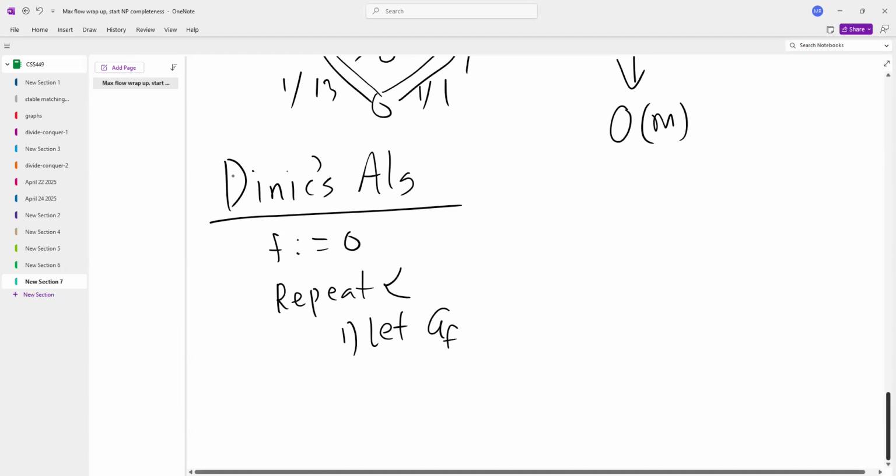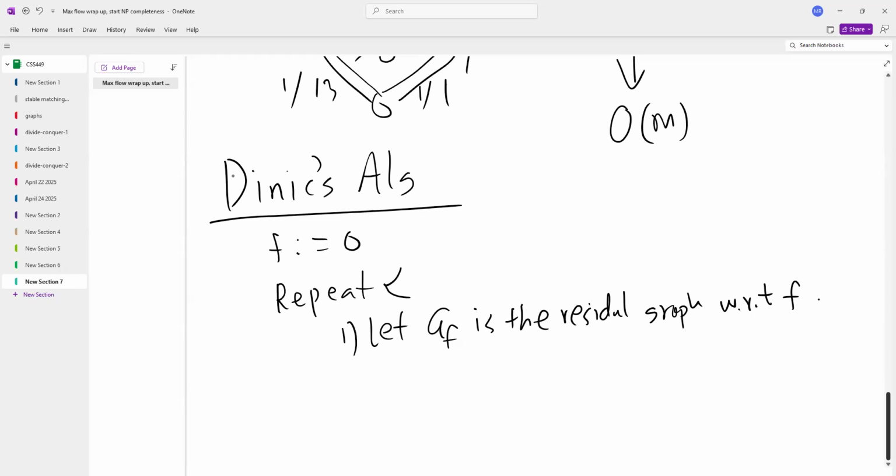So we are going to compute a residual graph. G_f is the residual graph with respect to the flow f. What this means is that we take the original graph, and with respect to the flow f, we compute the residual graph.